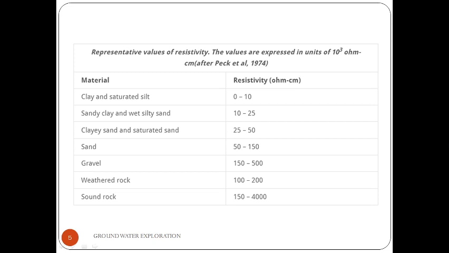Sand: 50 to 150. Gravel: 150 to 500. Weathered rock: 100 to 200. Sound rock: 150 to 4000. Dear students, you can see that the resistivity values change for different kinds of materials.